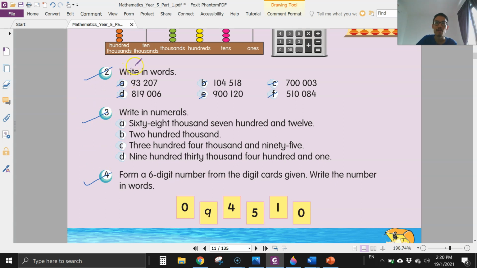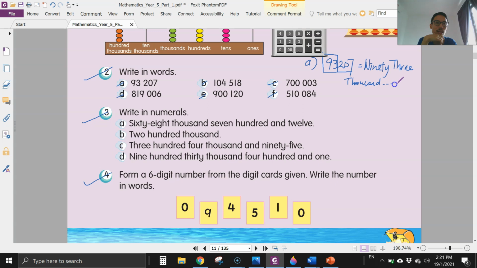Right? Now question 2, you have to write the numbers in words. So you write the numbers, for example, A. Okay. Now how do we read this? Now again, you look at the thousand group. This is 93,000. So you have to write the words, right? 93,000.